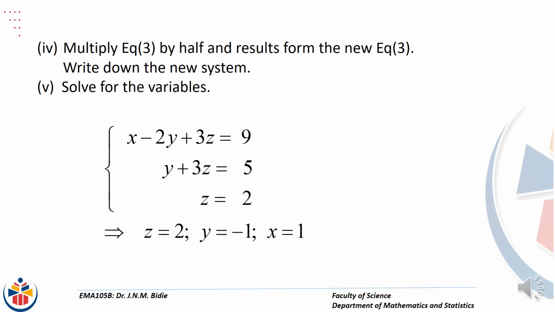That's exactly what we did. We multiplied equation 3 by half, replaced equation 3, wrote down the new system, and then did what we call the back substitution to solve the equation.